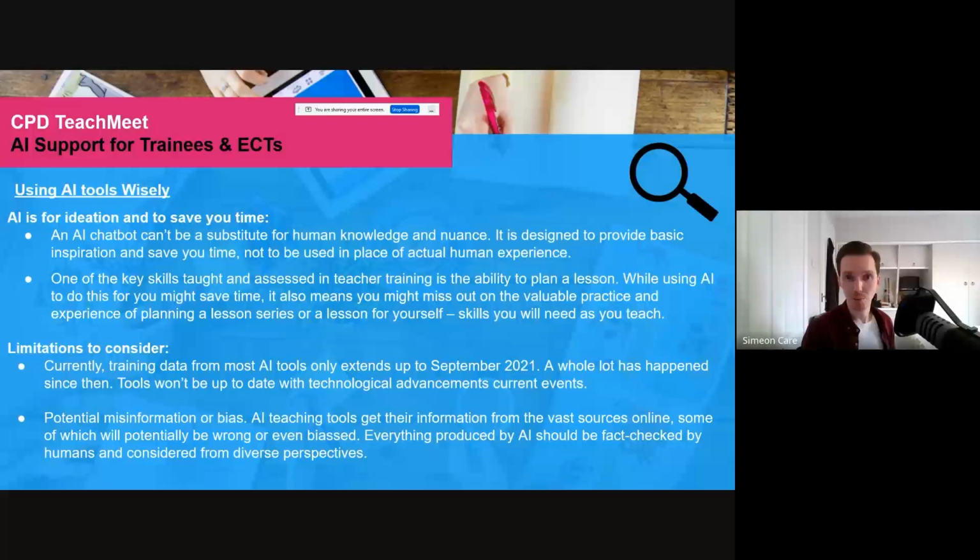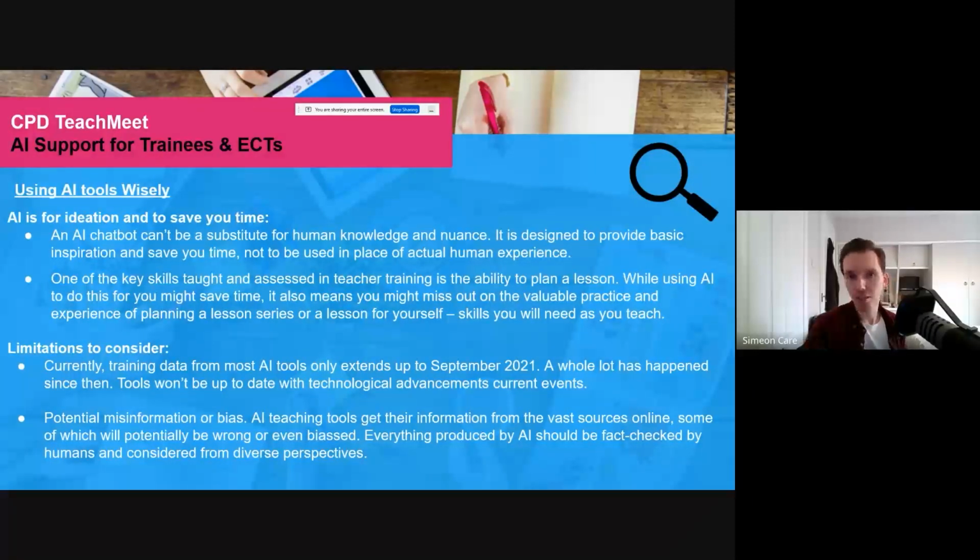And my bet would be that would be the human statement, even if it wasn't quite as perfect as the others. So AI is great for ideation and to save you time. It can't really be a substitute for human knowledge and nuance, but it can provide you inspiration for things. It can be very useful for that.